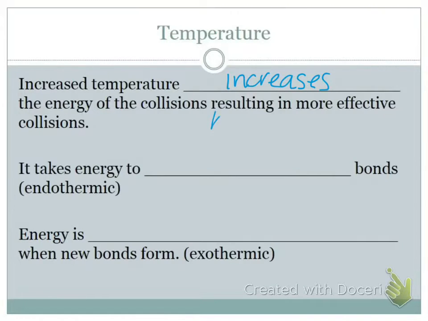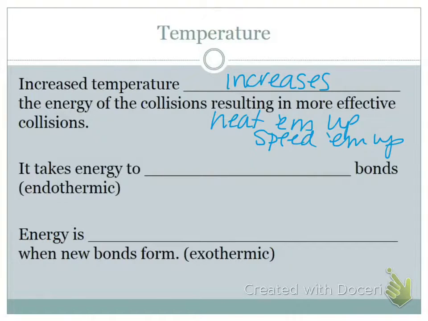And so if I heat up my particles, I speed them up, and if I speed them up, what does that do to my kinetic energy? That's it. Thank you. And that's because now when my particles are moving faster, they have more energy, so now more collisions will have enough energy to overcome that activation energy. So that's why heating up the reaction increases the rate.